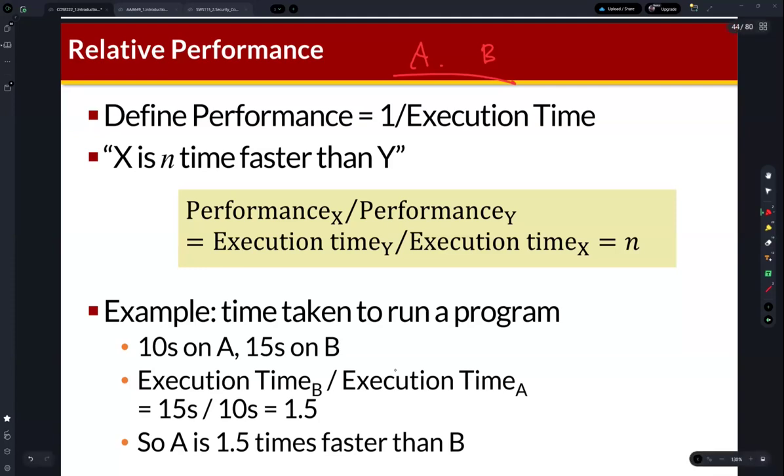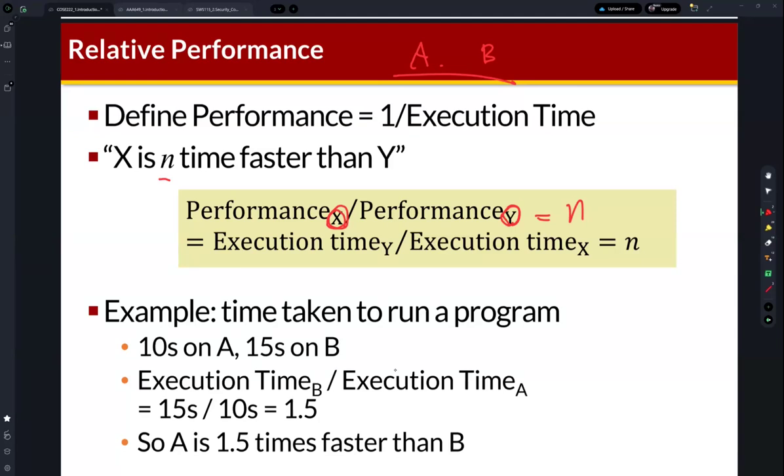We can compare the performance of a system X over the performance of a system Y. We can just divide the performance of system X by the performance of system Y. If this is larger than 1, then X is n times faster than Y. So if this is n, you can say that X is n times faster than Y.